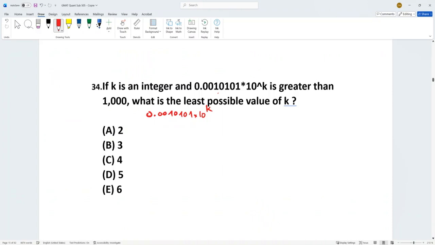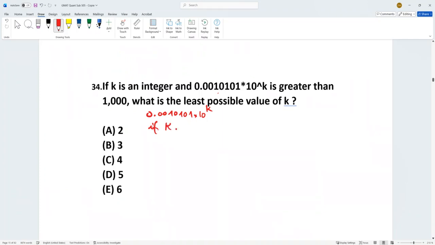In order to have a value greater than 1000, k must be positive, and all our answer choices are positive. So what we can try is to insert the answer choices and see what happens.